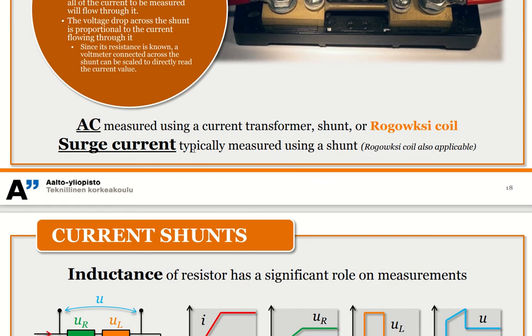AC is measured using a current transformer, shunt or Rogowski coil, and the surge current is typically measured using a shunt, but the Rogowski coil is also applicable.